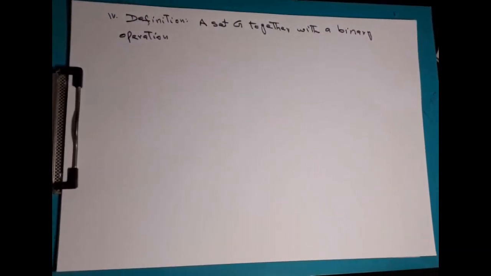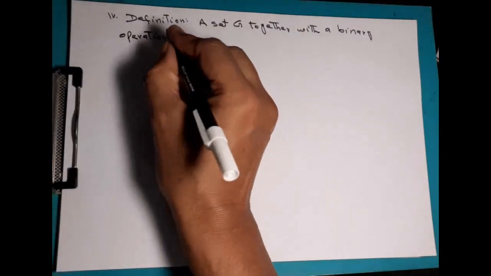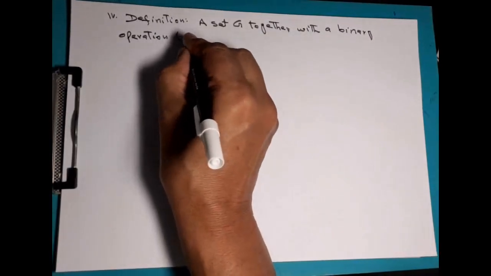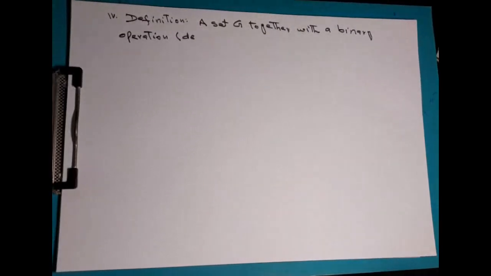But mostly in algebra we do not show the symbol of binary operation, and we call this notation juxtaposition. It makes things look very simple. So a set G together with a binary operation, we will denote it by juxtaposition. This means that we will not show the binary operation, but we would understand that binary operation is there.